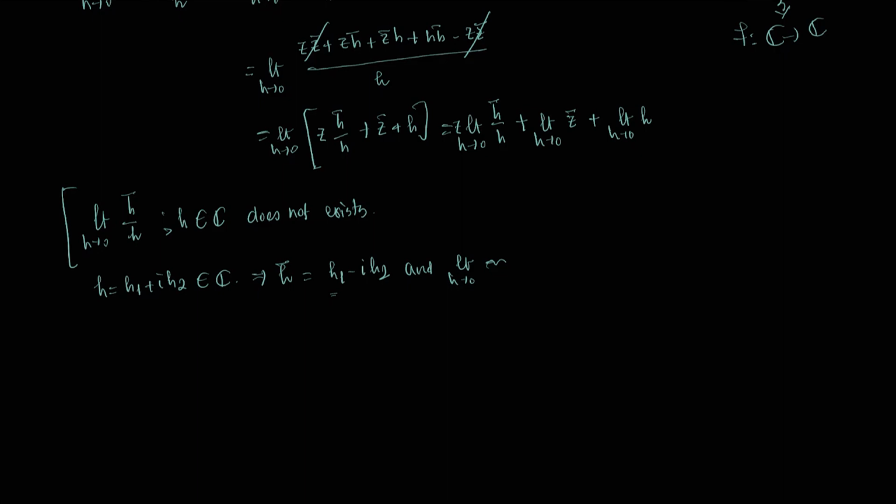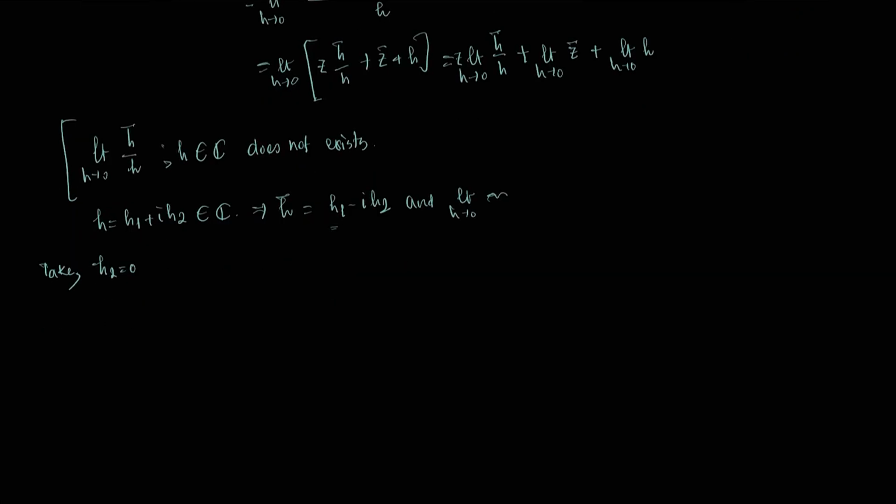So you see, if we take two different paths, let's say h2 is 0, take this path. As I told you, the idea of limit, if it has to exist, it has to exist in every particular direction.